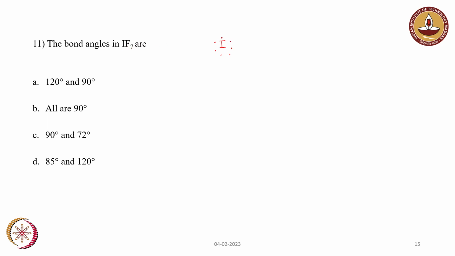If we calculate the steric number, it will be 1, 2, 3, 4, 5, 6, and 7. That is, all are bond pairs.